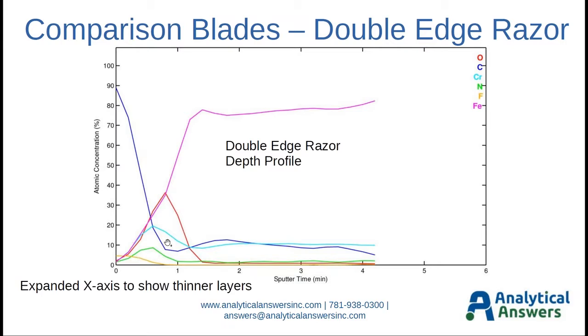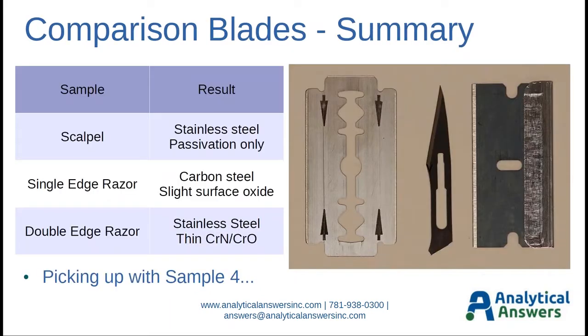So it's actually got a chrome nitride on a chrome oxide. It's fairly thin, being sputtered through in just over a minute, but it's still got a fairly advanced coating technology on it, which I found rather interesting.